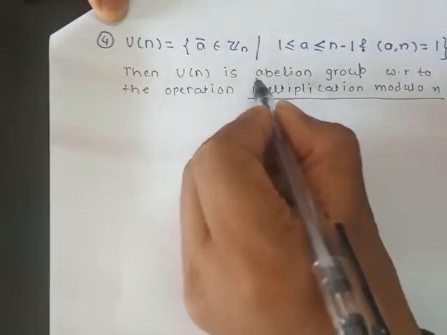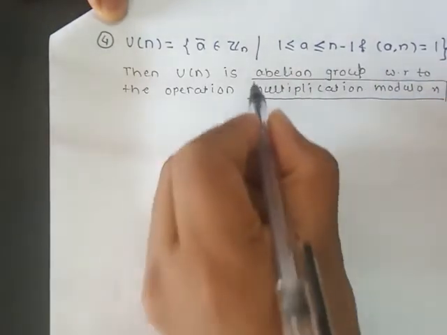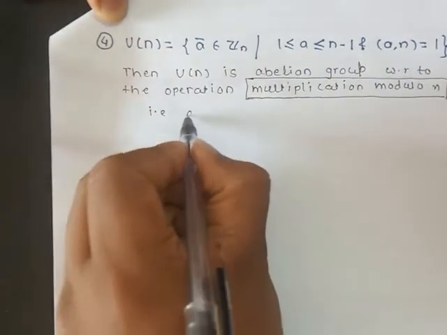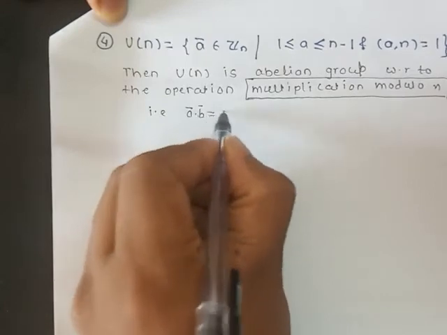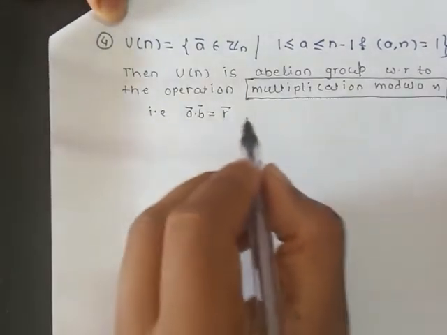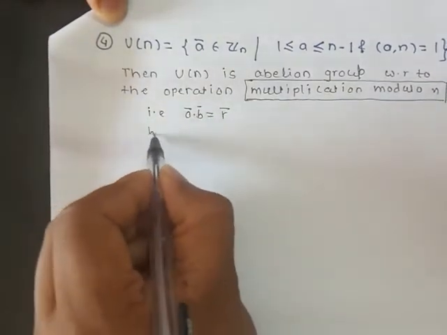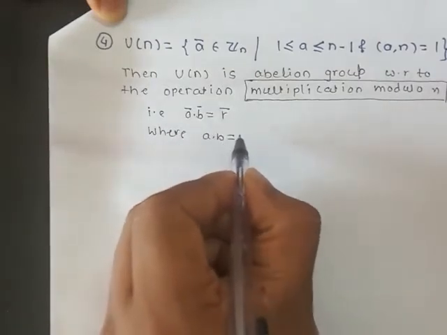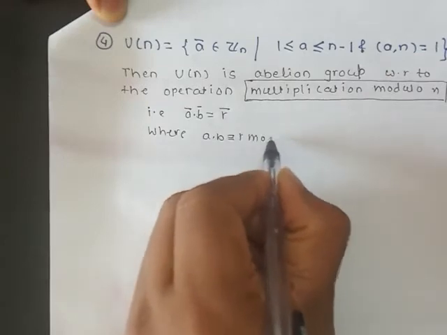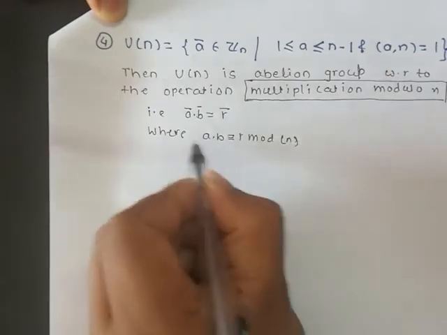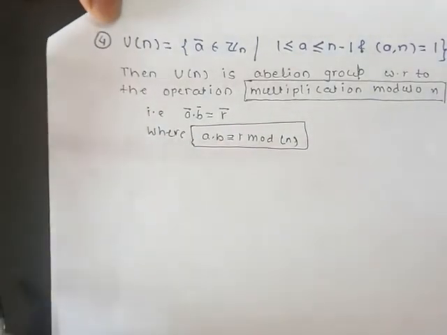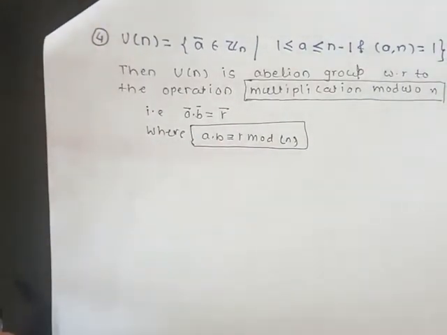Then UN is a group with respect to multiplication modulo n, that is A bar dot B bar is equal to R bar, where AB is congruent to R modulo n.